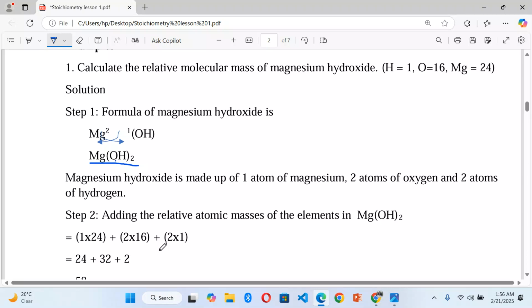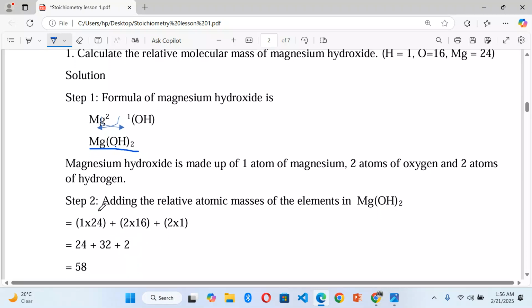Then we can go to step number 2. Step 2 is adding the relative atomic masses of the elements in this compound, summing up. We have already seen that we have 1 atom of magnesium, and we already know its atomic mass. So we sum up atomic masses of these elements.